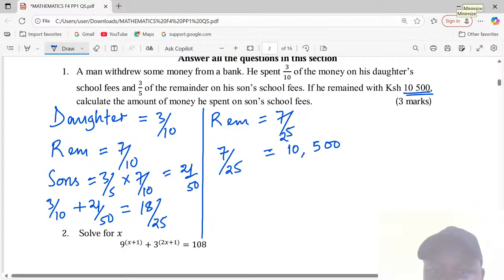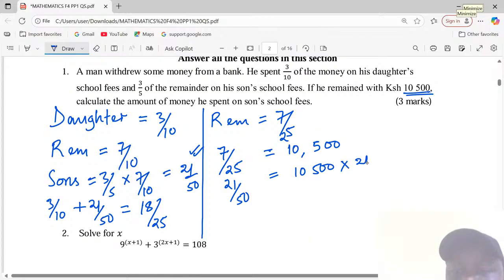Calculate the amount of money spent on the son's fees. So son's fees, which was 21 over 50, can now be found. So 10,500 times 21 over 50 divided by 7 over 25, which means times 25 over 7.